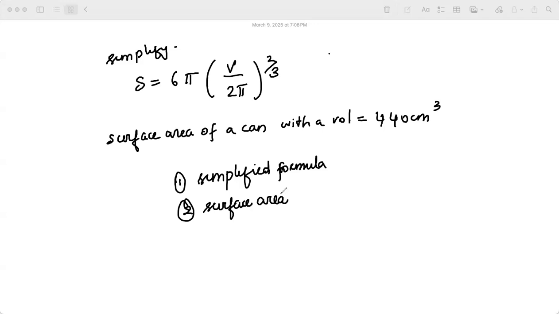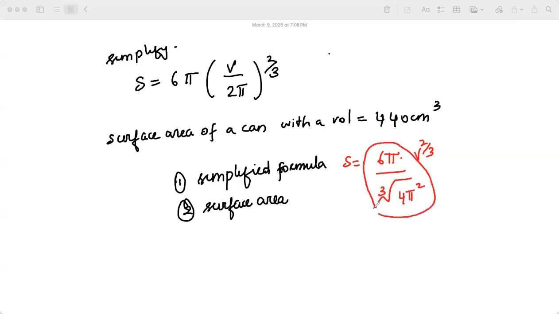Okay. Can you use the calculator and take off all the pi's and just give a simplified formula? Meaning, let's go ahead and try finding this. So, S will be equal to 6 pi times V to the power of 2/3. I'll take it separately. But here, I would go ahead and do cube root of 4 pi square. Can we have it like this?